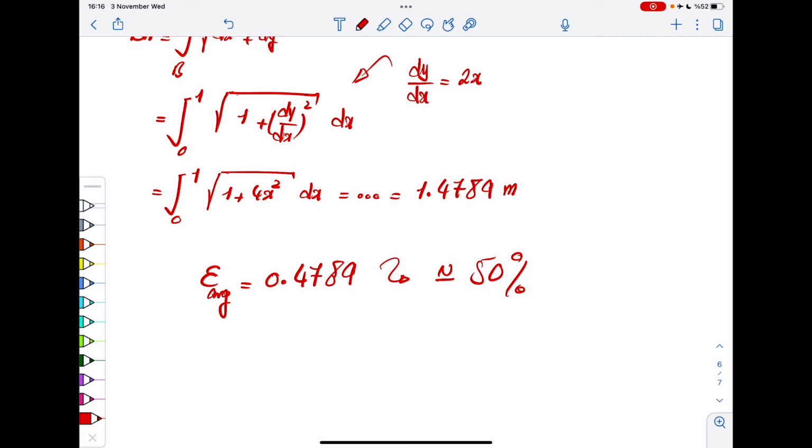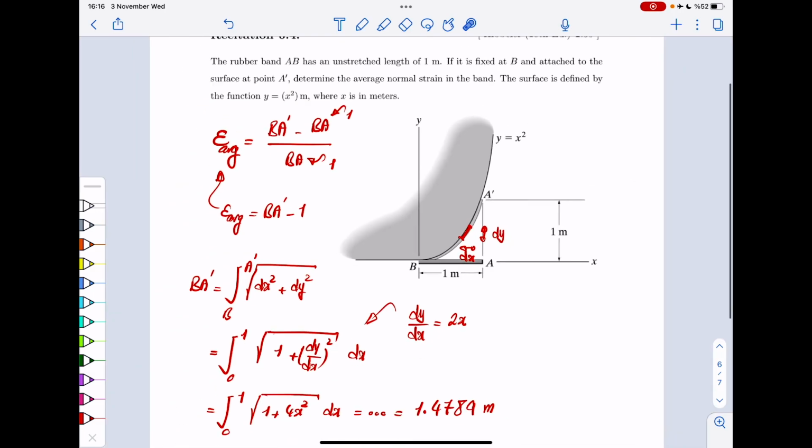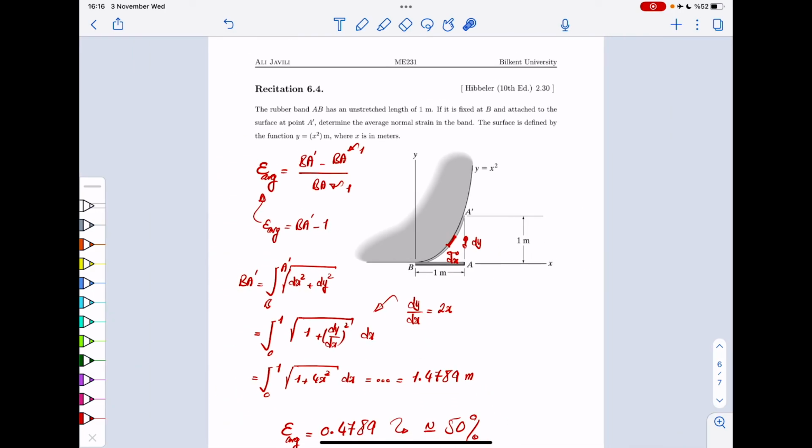This is very important. You see, this is huge. The strain of 50% is very, very large. We don't have this sort of strain in usual mechanics, okay? Think about it this way. 100% strain means 2 times as large. So if you make something 2 times as large, it's 100%. Okay? So this is very large. But in this particular question, it tells you that we are talking about a rubber band.